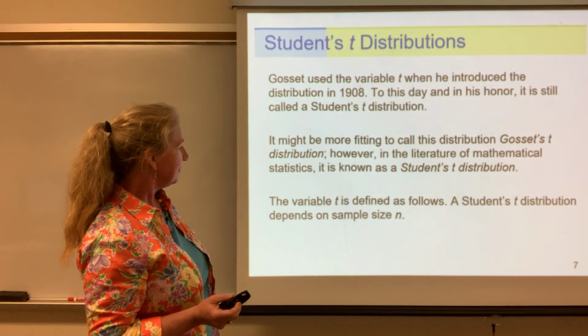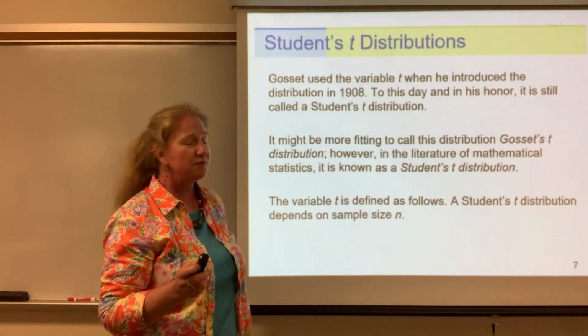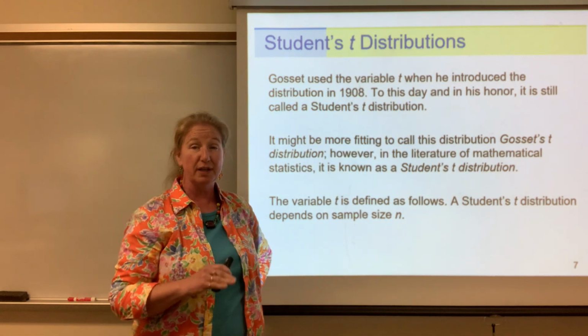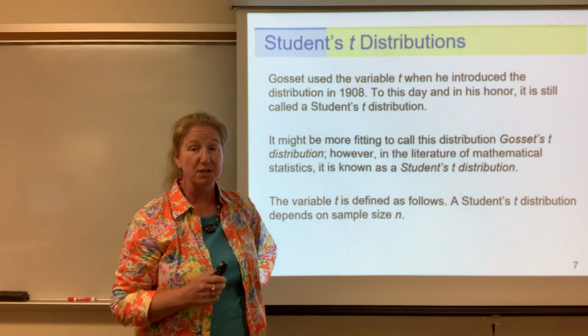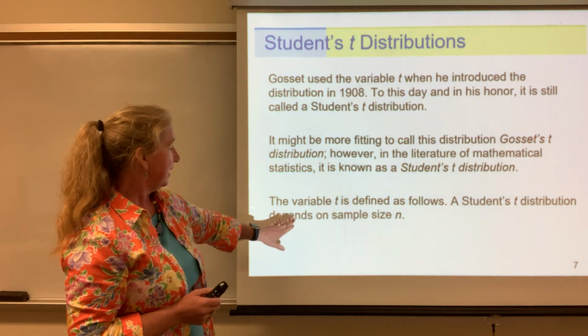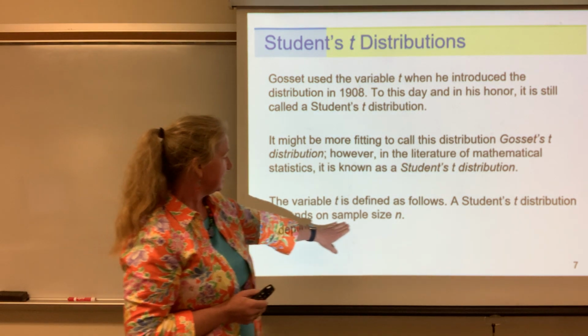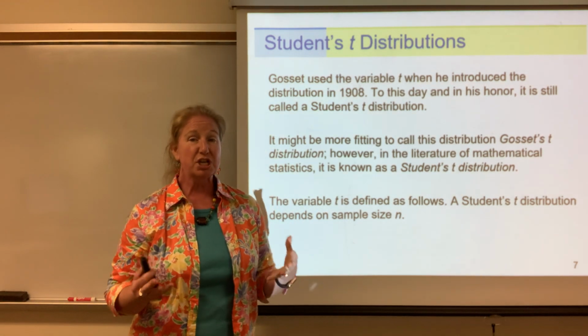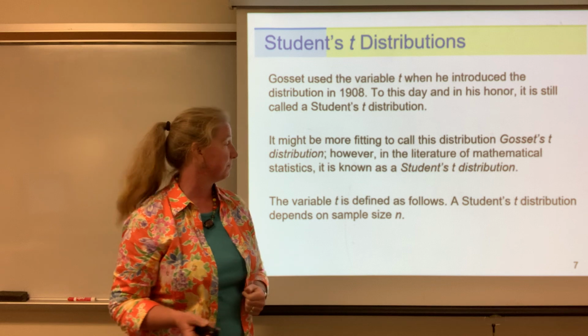So what's interesting is it's very similar to the normal distribution, but has a little bit of difference. We'll look at a diagram that shows the difference. And the other thing that's interesting, it's dependent on the sample size. So things change based on that sample size.